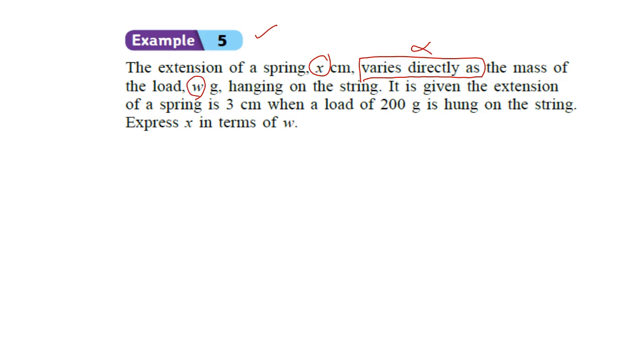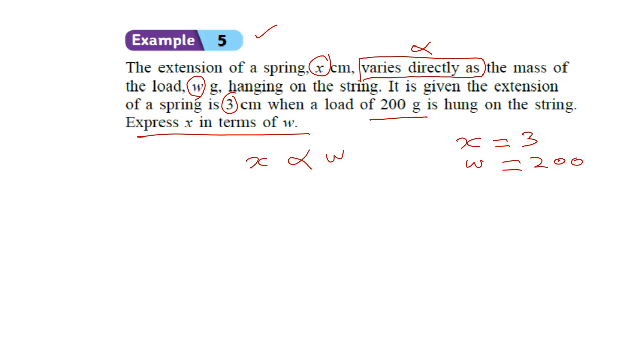So first we have to write the variation relation. x varies directly as the mass of the load, that is W. It is given the extension of the spring is 3 cm, that means x is 3 cm, and the load of 200 gram, that means W is 200, is hung on the string.